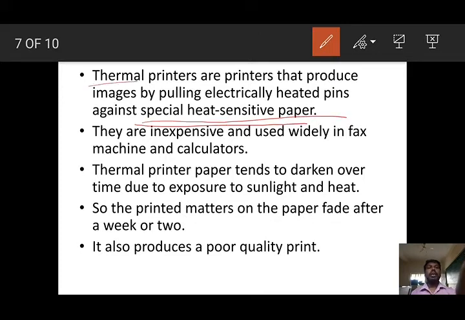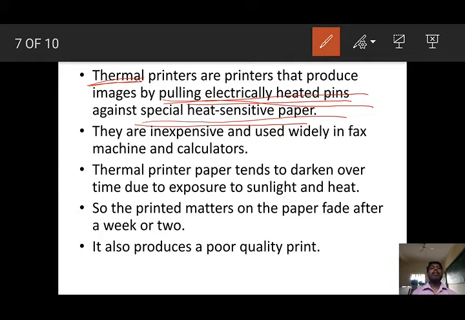We know that the meaning of thermal is heat. So, the thermal printer produces image by pulling electrically heated pins against a special heat sensitive paper, and they are inexpensive and used widely in fax machines and calculators.